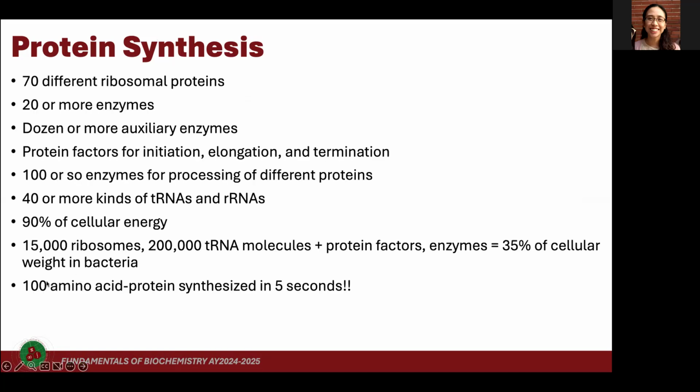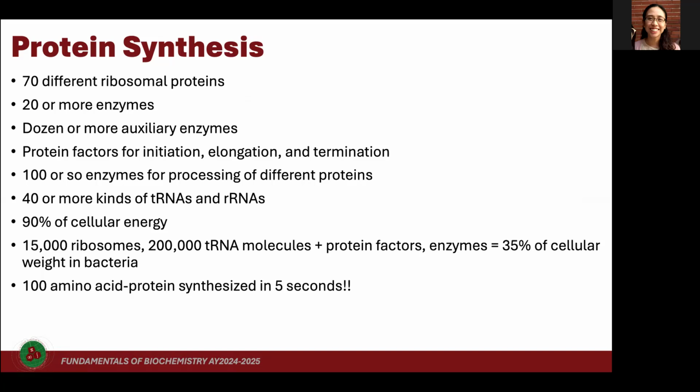Now, if we look at the rate of protein synthesis, your ribosome can synthesize a 100 amino acid protein in 5 seconds. And if we compare this with DNA replication and transcription, this is relatively slower, right? So if you recall, your DNA polymerase 3 for bacteria can, so we're talking about processivity, right?